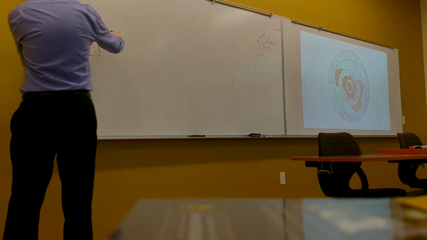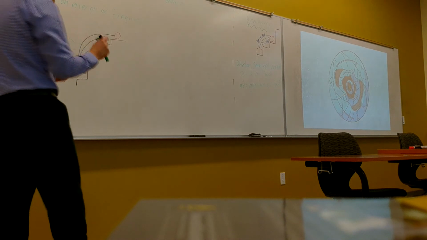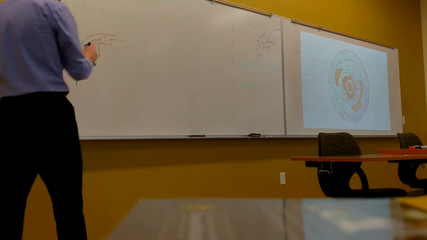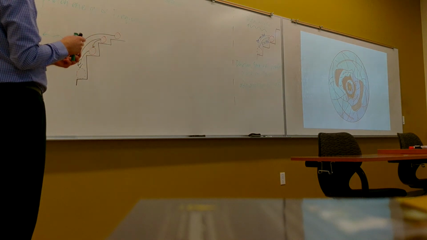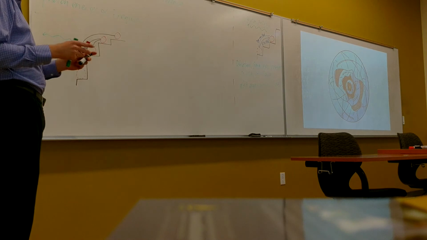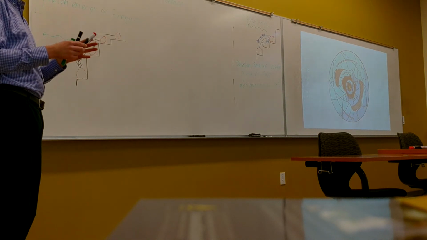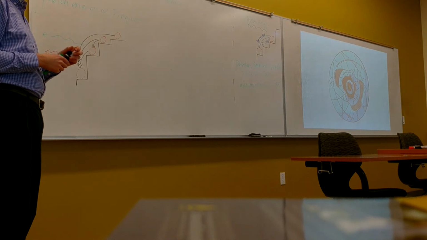You can only have photons with these specific differences. You can also have differences in between these levels here. It's not just all the way from the top to the bottom. And each of those will give you a different frequency as well, but there are only these certain very specific frequencies of light that can be emitted by a certain atom.